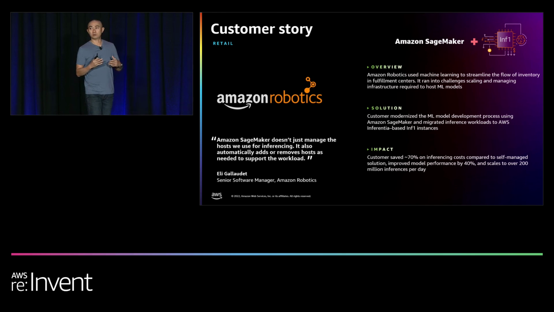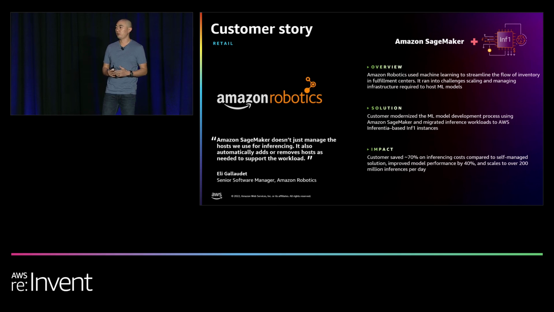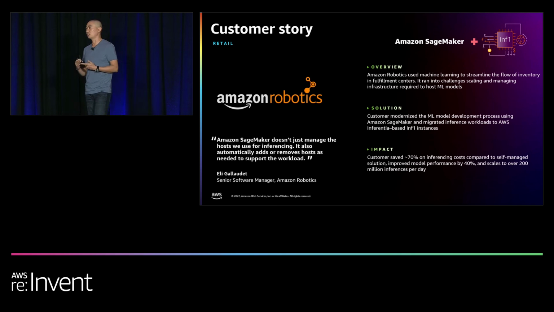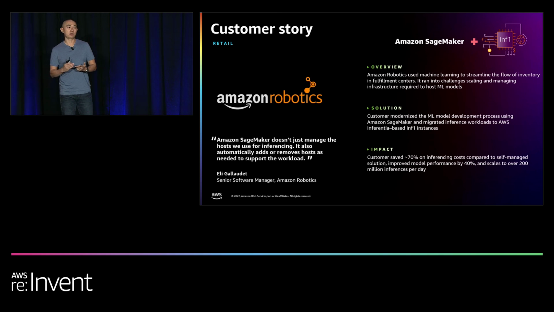And as their workload grows, they face 2 challenges. Number 1, they want to scale their compute resources very efficiently. And number 2, they want to manage their infrastructure without spending too much time. Right? So with the help of SageMaker and Inferentia, they've achieved both goals at the same time.